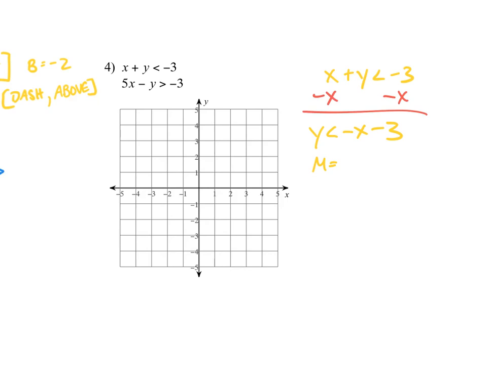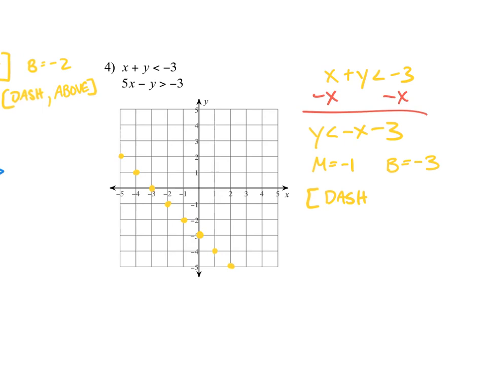We know our m is negative 1. We know that our y-intercept is negative 3. You should get a line that looks like this. Now, the big point here, it is going to be a dashed line.